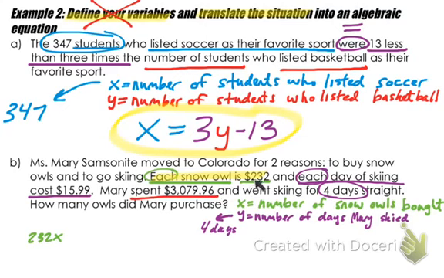So she spent $232 for each snow owl, so 232 times X, plus the number of days of skiing, which we don't know for now, $15.99 per day of skiing, and that sum would equal $3,079.96. So that situation is represented by this equation. I know that we know the number of days she skied, but just to translate what's happening to an algebraic equation, it is right here.